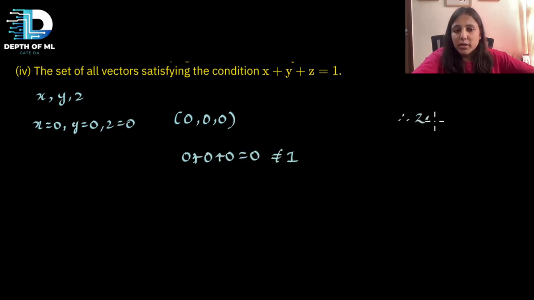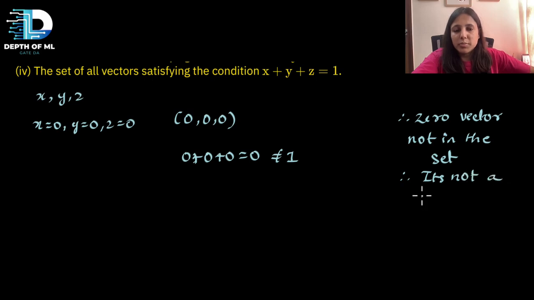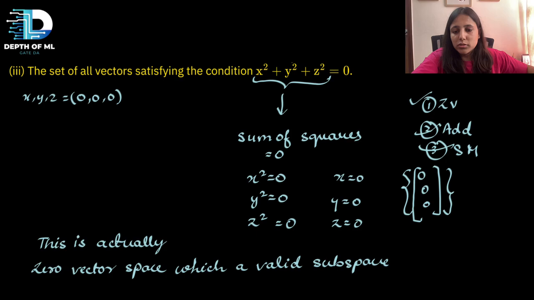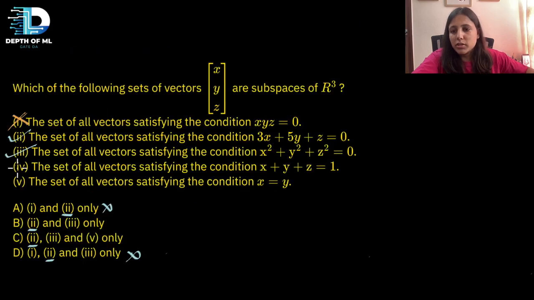Therefore the zero vector is not in the set, therefore it's not a subspace. Okay, so this was easy. This is not. Now we have to check the fifth one.